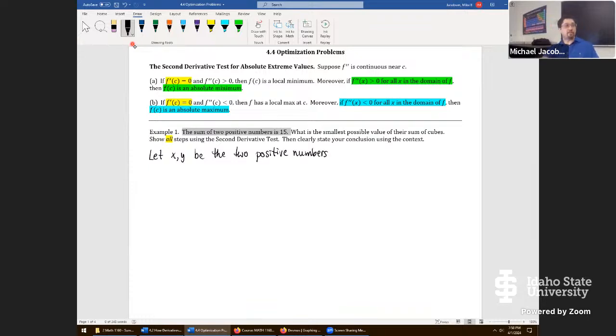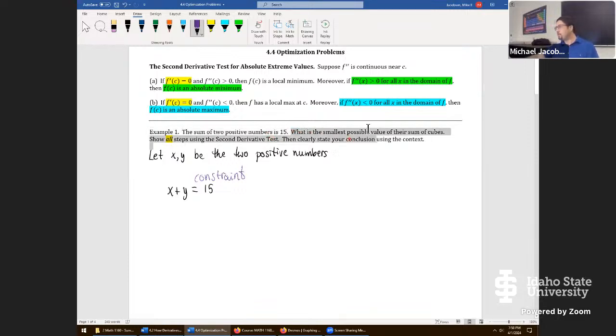Then from the statement, the sum of them is 15. We have a constraint equation that says x plus y is constrained to be 15. We think of that as a constraint because, well, x and y being positive is pretty wide open, but they have to satisfy this one condition.